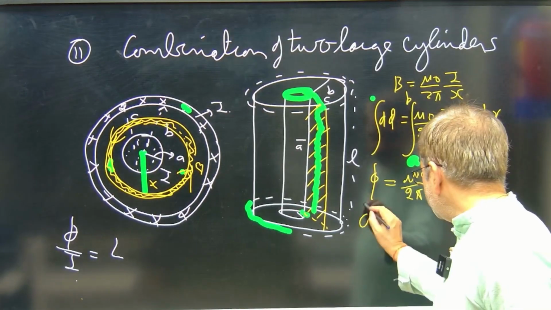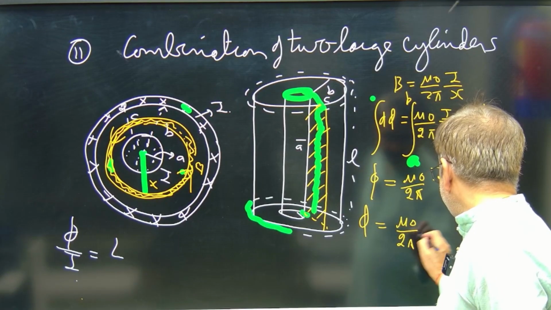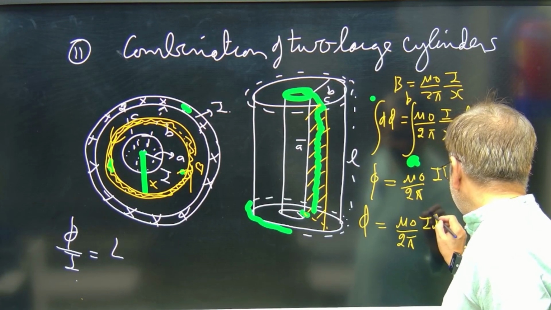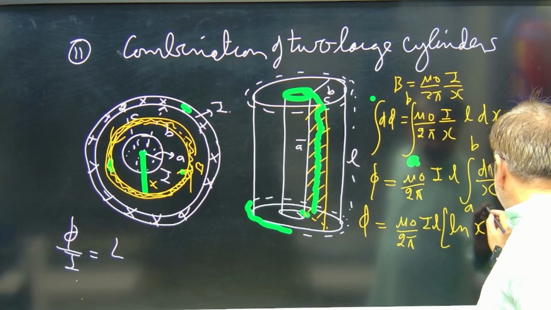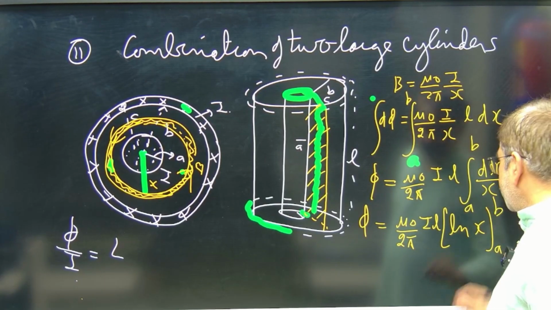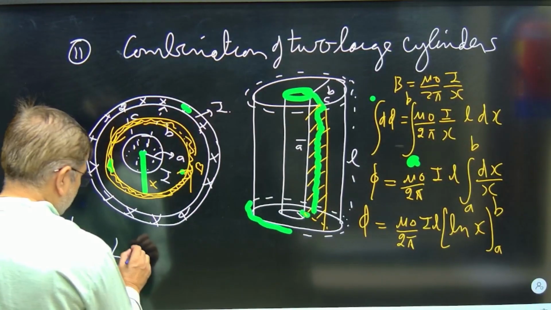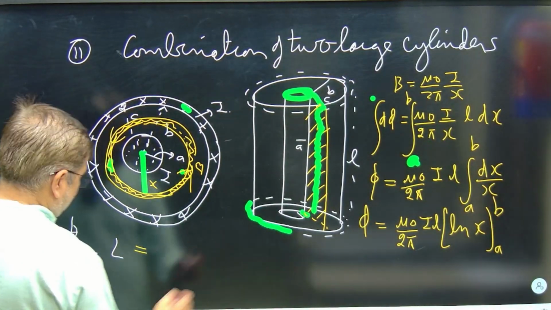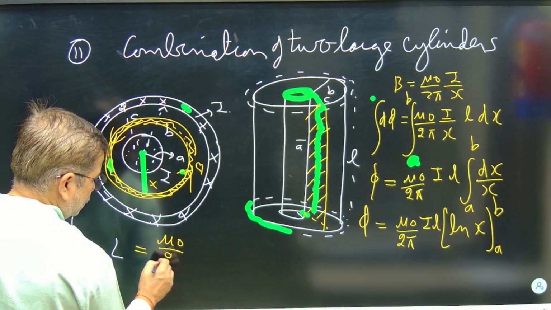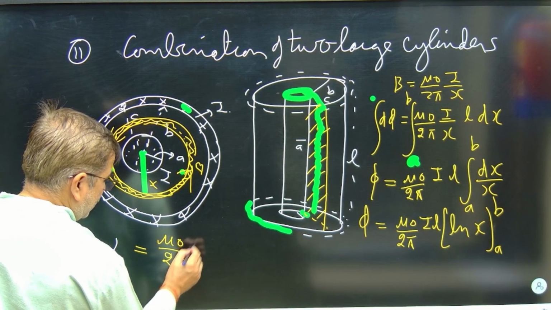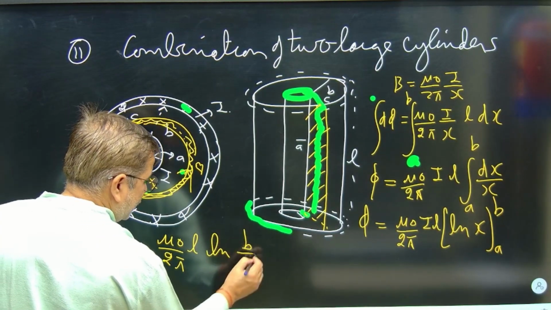So the phi value is mu naught over 2 pi, I into L, and the integral of dx by x is ln x. Put the limits from a to b. So it will be log b minus log a, which is log b upon a. So phi by I, the inductance, will be mu naught over 2 pi into L into ln b upon a.